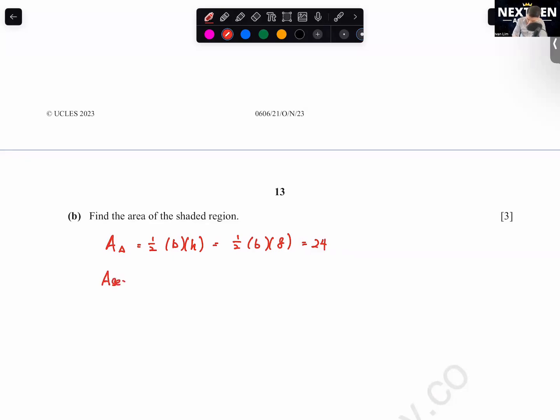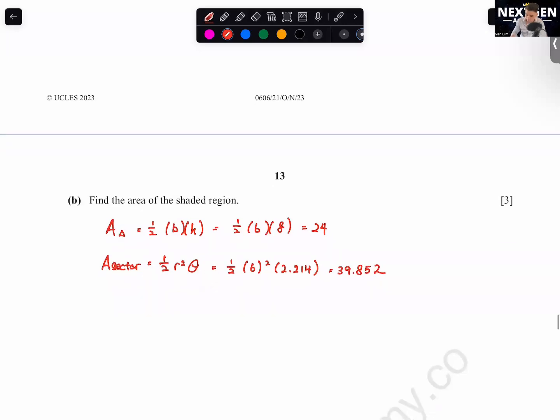Then the area of the sector, I'm going to use half r squared theta, which is 1 over 2 times 6 squared times 2.214. Here you get 39.852. Total, you add it up, 24 plus 39.852, which will get 63.852.